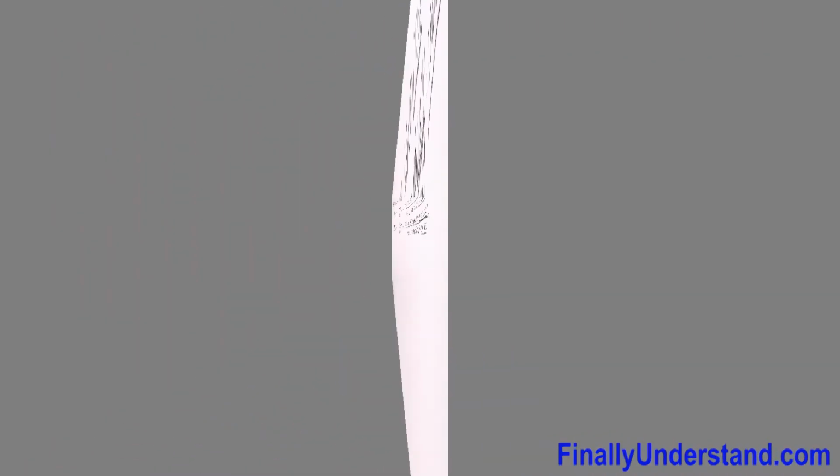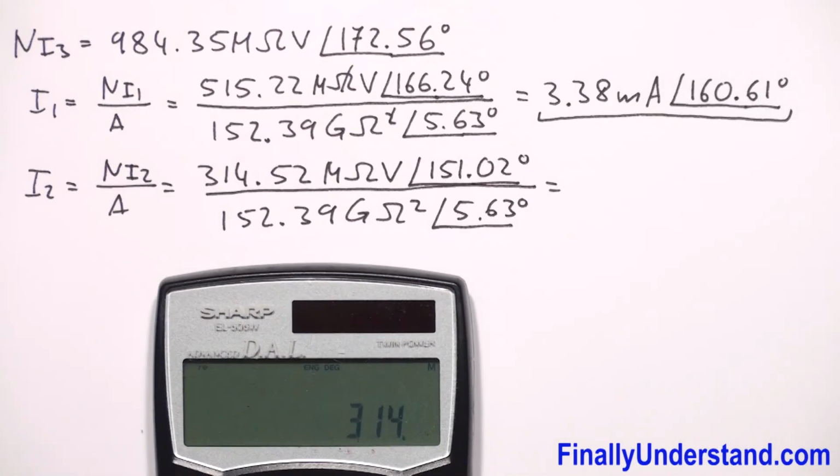This is equal, we have 314.52 exponent 6 and angle of 151.02 divided by 152.39 exponent 9 and angle of 5.63.